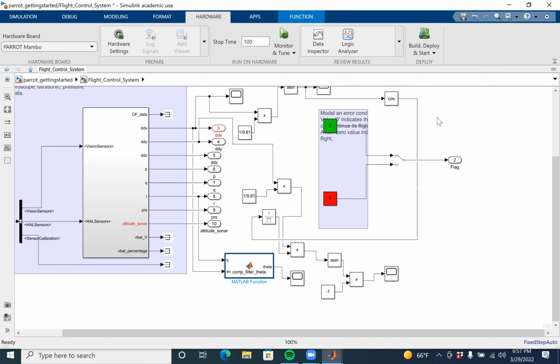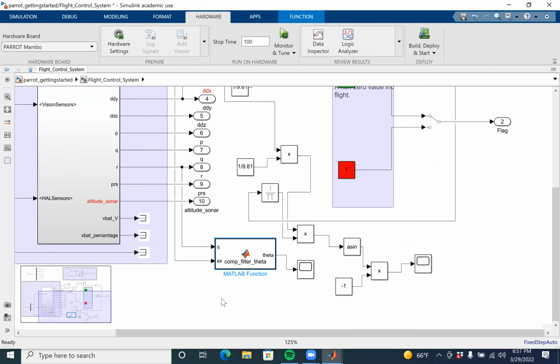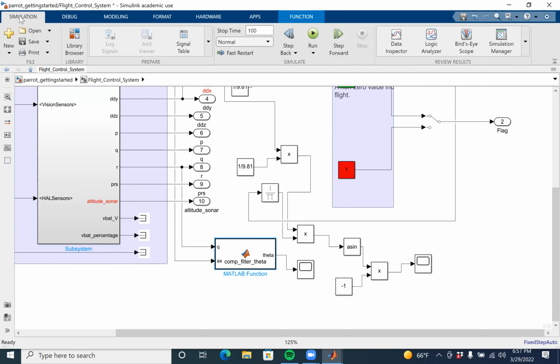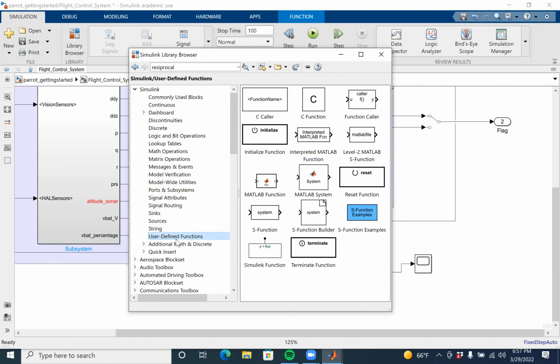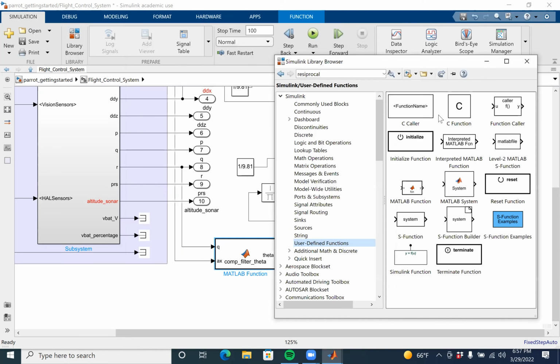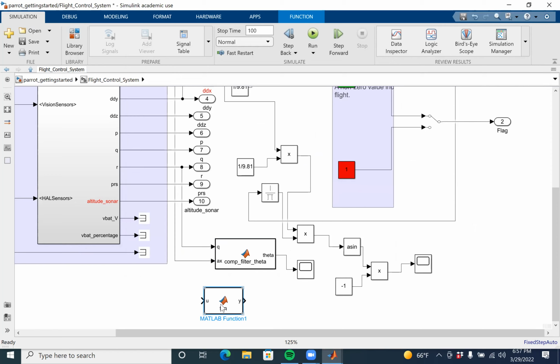So now I'm going to implement this code. Go to simulation, go to library browser, go to user defined functions, and in user defined functions, you have this MATLAB function. Grab this MATLAB function, paste it over here, and this MATLAB function would have the following inputs.